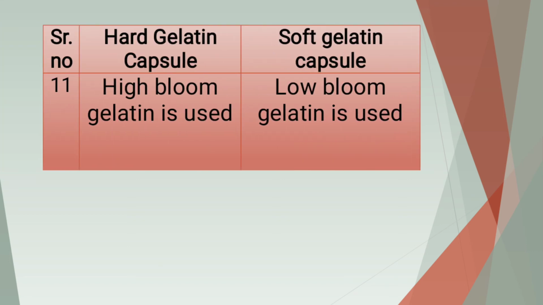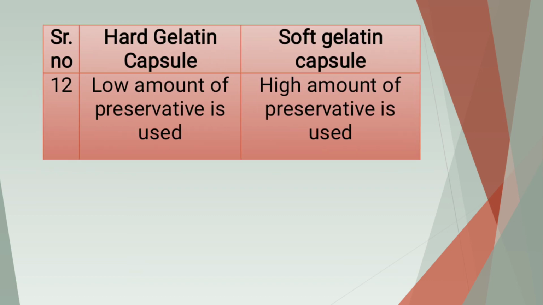Difference number 11, for hard gelatin capsules generally high bloom gelatin is used, whereas for soft gelatin capsule low bloom gelatin is used. Then for hard gelatin capsule, a comparatively lower amount of preservative is used, whereas a high amount of preservative is required for preparing soft gelatin capsule.